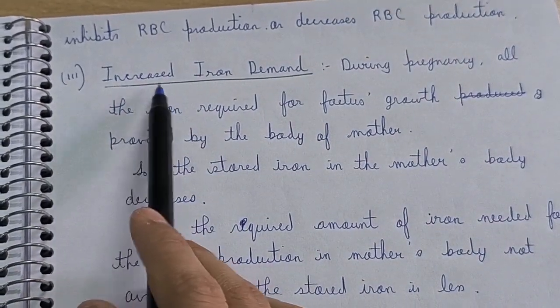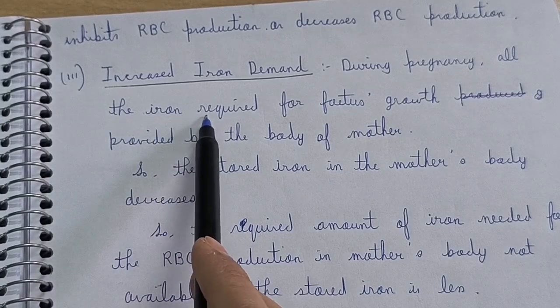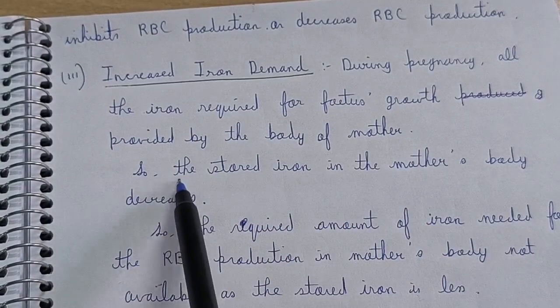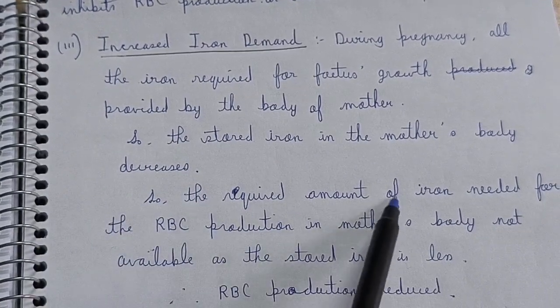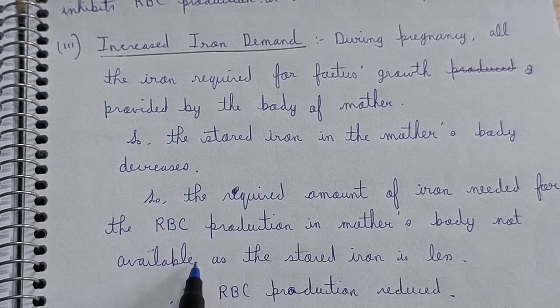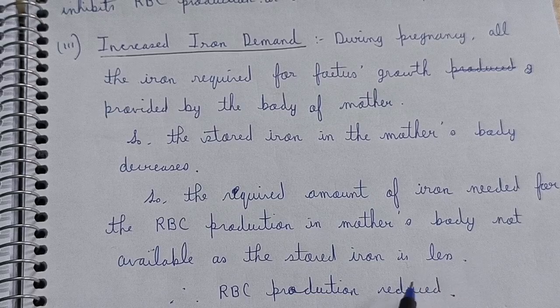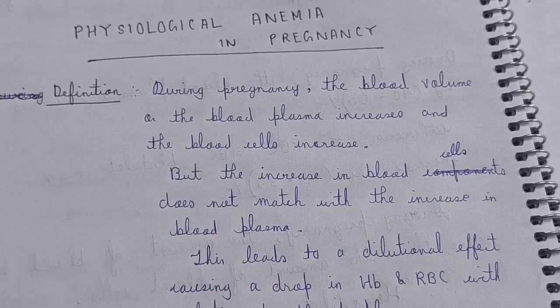Third is increased iron demand. During pregnancy, all the iron required for fetus growth is provided by the mother's body, so the stored iron in the mother's body decreases. The required amount of iron needed for RBC production in the mother's body is not available as the stored iron is less. Therefore RBC production is reduced, and as a result physiological anemia occurs during pregnancy.